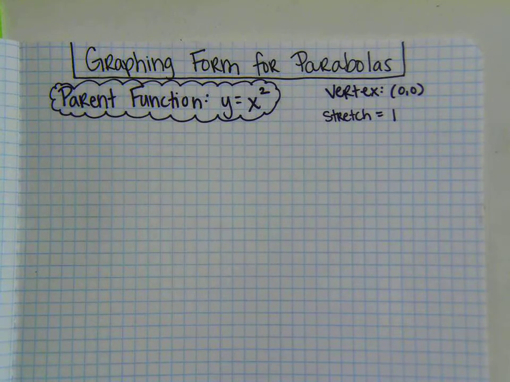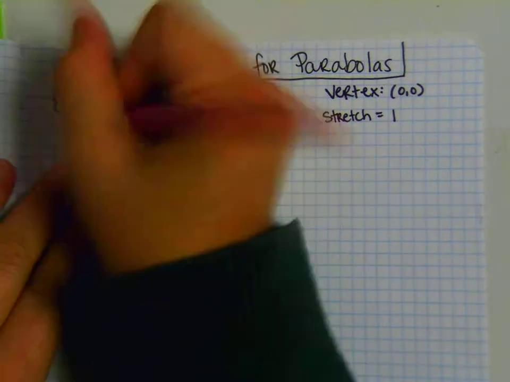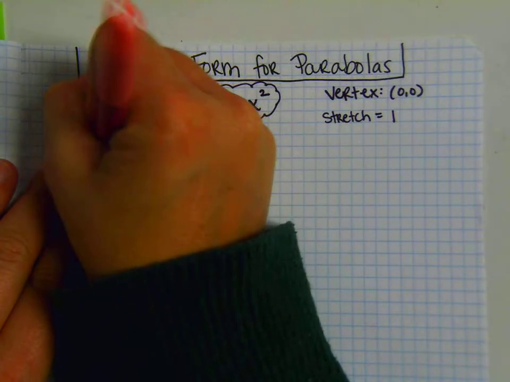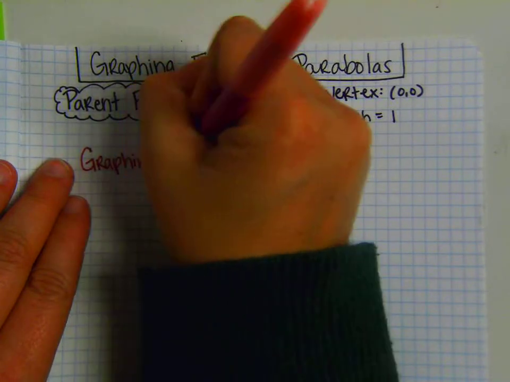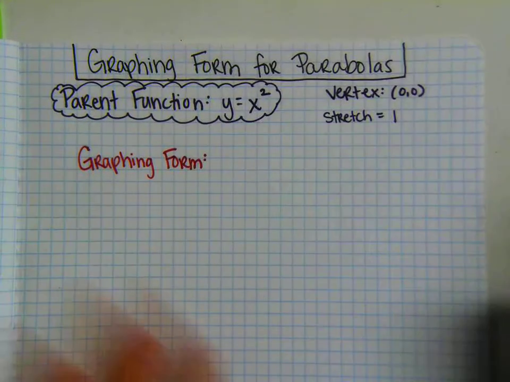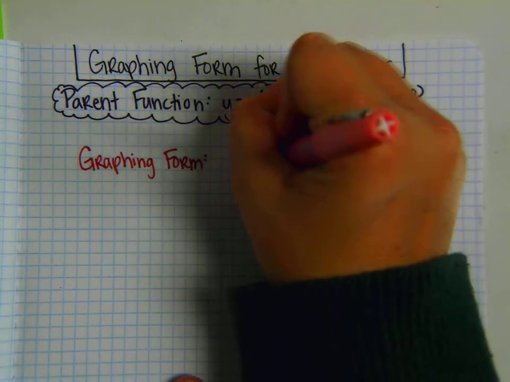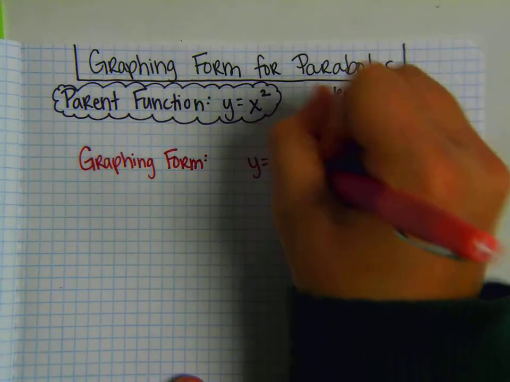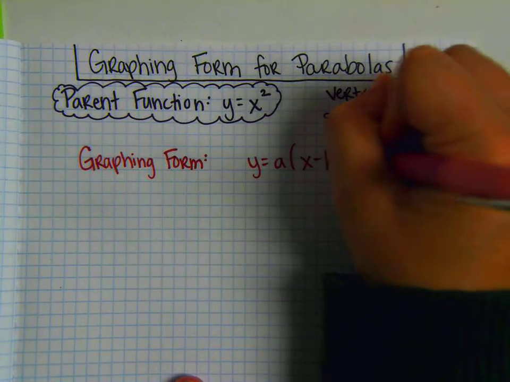So, our graphing form of a parabola is going to be in the form y equals a times x minus h squared plus k.